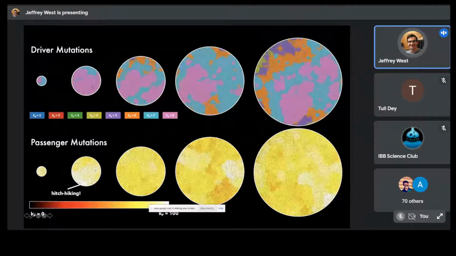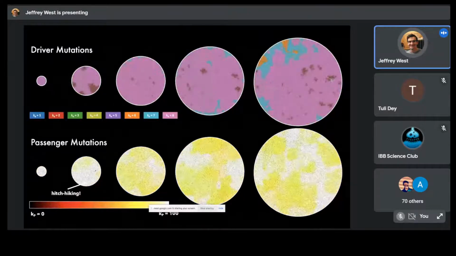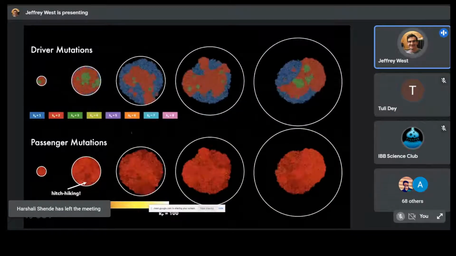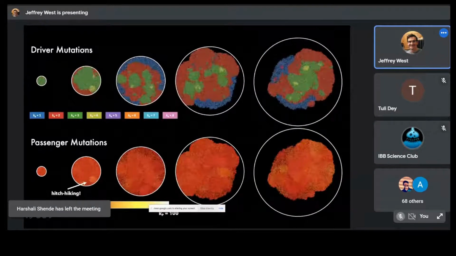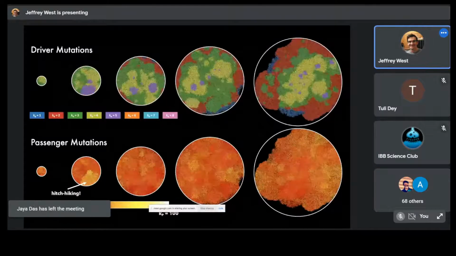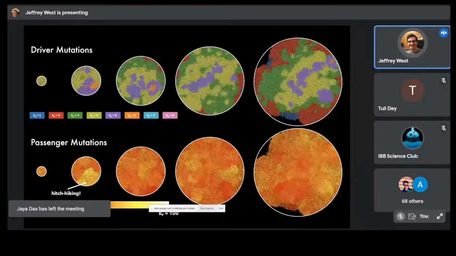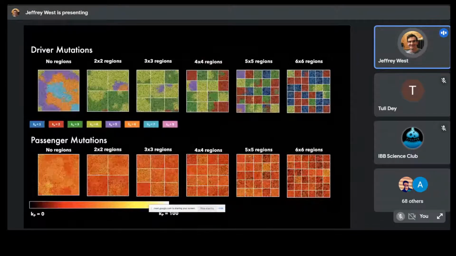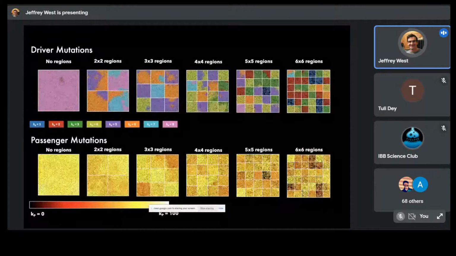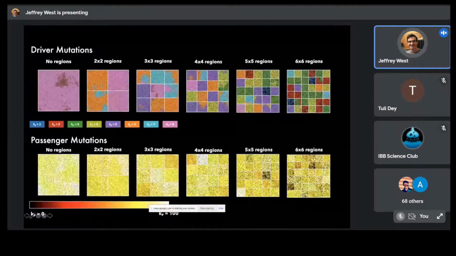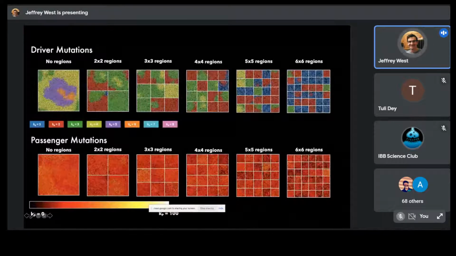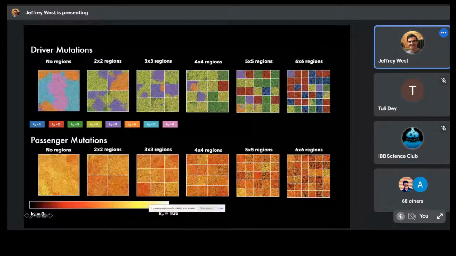Well, it's because whichever driver was sweeping through the population here is the one that carried these passenger mutations along. So you can see that the purple clone relatively matches this sweeping population down here. And so when we're talking about mutation burden, we're talking about basically the sum of both passenger and driver mutations here. Okay, so we can look at the same thing for our other case and look at the different passenger mutations. And we see that in general, it follows a similar trend, that it's more homogeneous on the left here and more heterogeneous on the right.